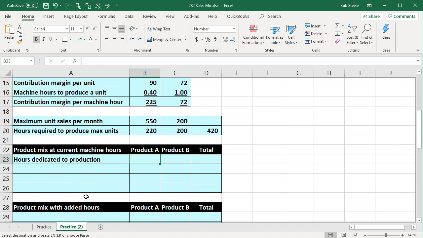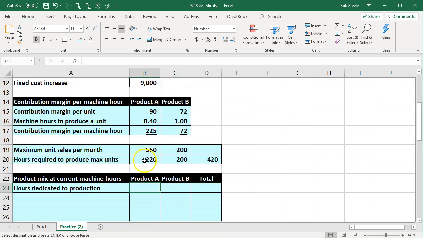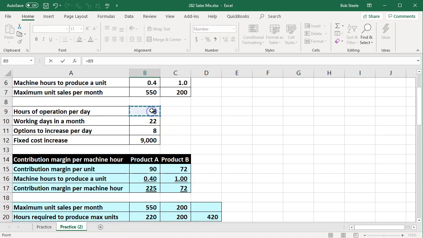And note that the higher contribution margin per machine hour is going to be for product A. So we're going to max out product A as much as we can, up to 220 units, because there's a higher contribution margin per machine hour for product A. Then if there's any left over, we'll go to product B. In this case, we're going to use it all up in product A, and we're going to allocate the full 176, which is equal to the 8 times the 22.